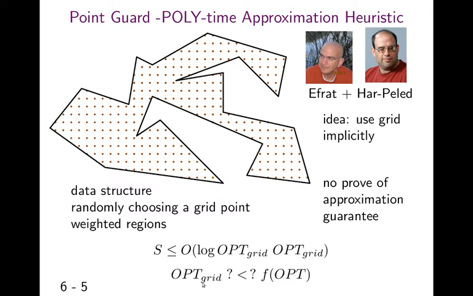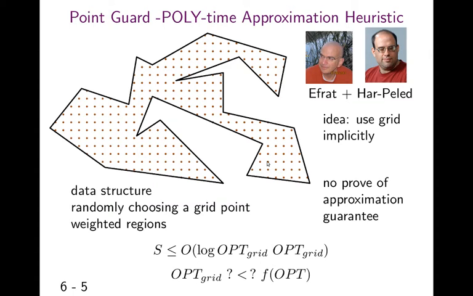But what they don't know is, what about opt grid and the actual optimum? Is there a relation? The actual optimum is where you can place your guard anywhere, whereas opt grid is the optimal solution when restricted to the grid. So they don't know anything about this relation, so it might be that their solution S is arbitrarily far away from opt. And that's the algorithm that exists.